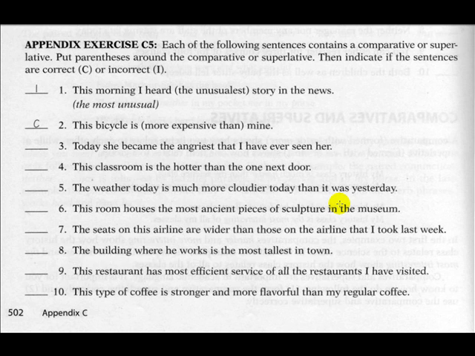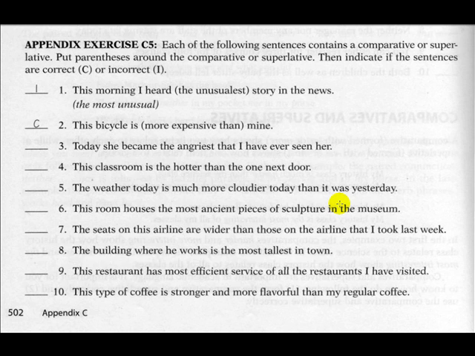Since it is more than one syllable, we do not use the EST ending on it. We use the words the most unusual. We use the word most with that, okay? And so the correct answer is: this morning I heard the most unusual story in the news.